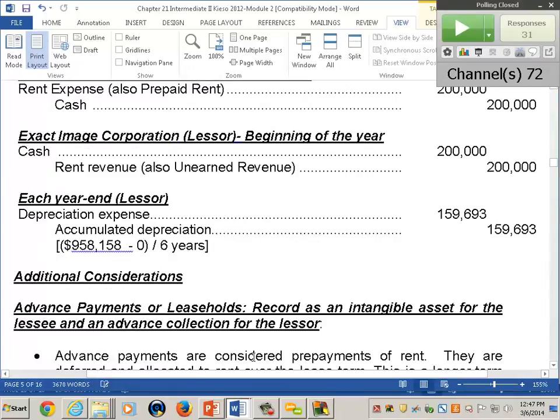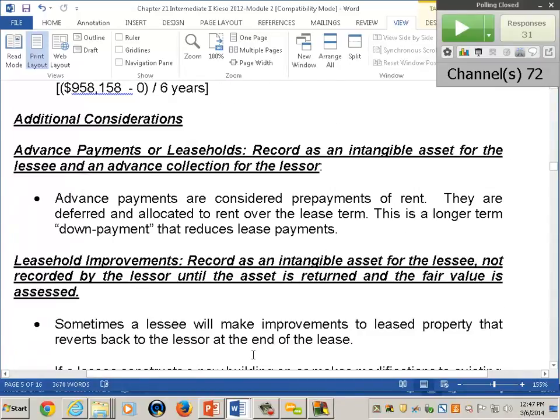And then finally, just some other possibilities, and I'll take some questions. Sometimes a lease, especially a real estate lease, requires an upfront down payment. I think we talked about this in Chapter 5 or last semester, Chapter 12, in terms of intangibles.